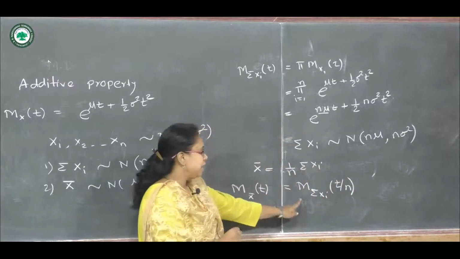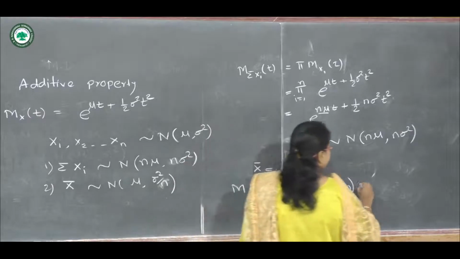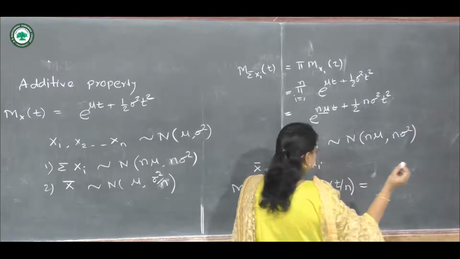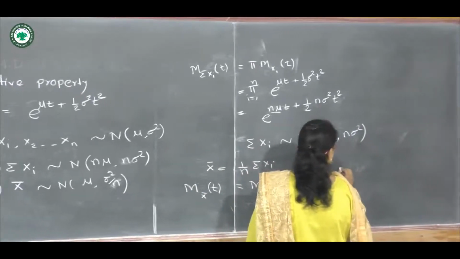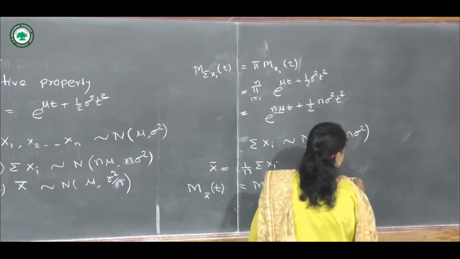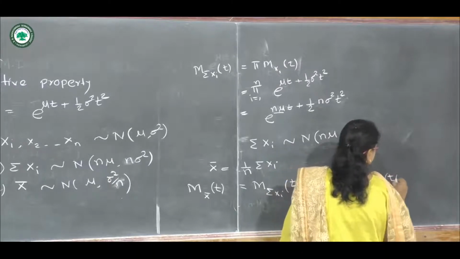Further, if we substitute the values, this is the product of M xi of t upon n.